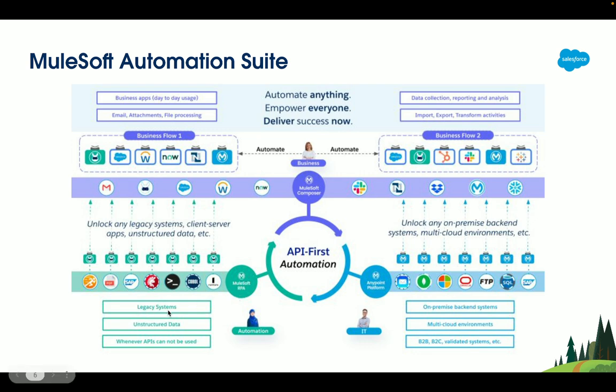So MuleSoft RPA is typically used on legacy systems, where there is unstructured data or wherever APIs cannot be used. Just to sum it up, MuleSoft Composer and Anypoint Platform work seamlessly with systems that have APIs exposed, and when we have systems that don't have APIs exposed, we use MuleSoft RPA.